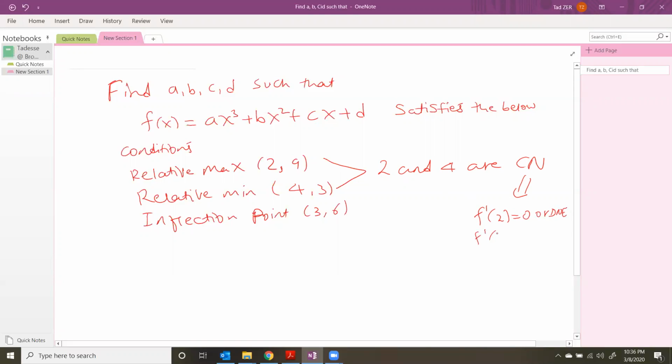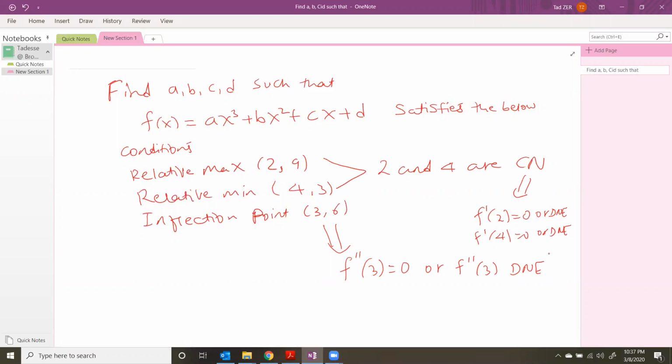Same thing, the derivative at 4 either equals 0 or does not exist. If a point is an inflection point, then the second derivative at that point, for example at 3, must be equal to 0 or the second derivative at 3 does not exist. So we are going to use this information to find the values of a, b, c, and d.